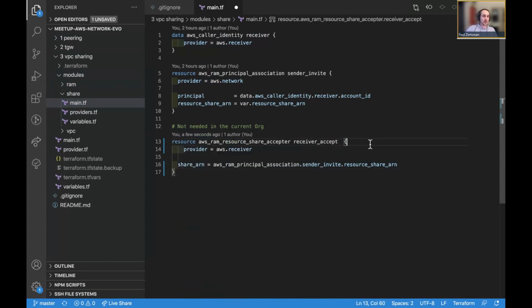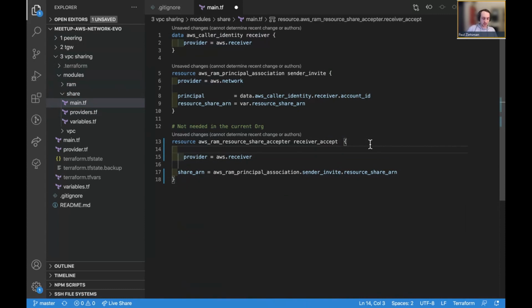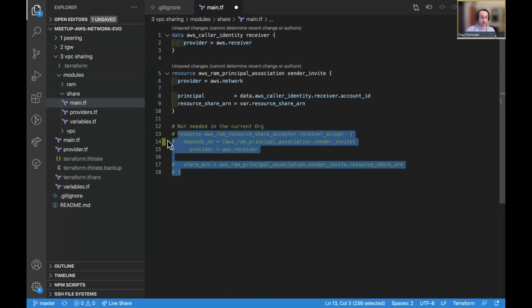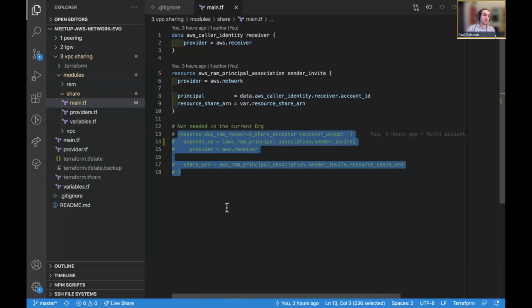So if I'm afraid that this acceptor is going to try accept something that doesn't exist yet, I can totally do this, where I can say, it depends on the invite being sent. But because this resource is being referenced, Terraform understands that thing first needs to exist before we can do that. So it's really this simple to create multi-account resources.